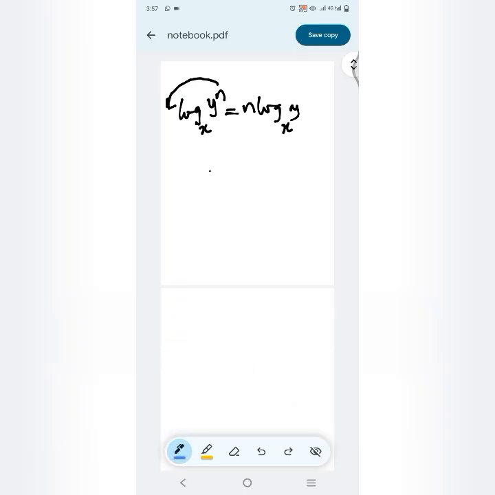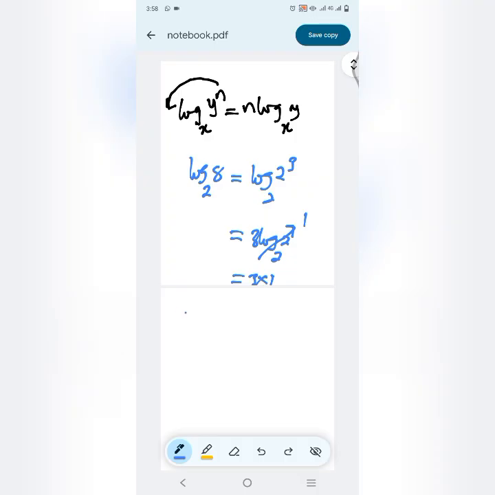You can have something like log to base 2 of 8. This is the same thing as log to base 2 of 2 raised to the power of 3. So what will happen to 3? You guessed it correctly. That's going to be 3 times log to base 2 of 2. Of course, we are going to see a law shortly that this is the same thing as 1. So this will give you 3 times 1.